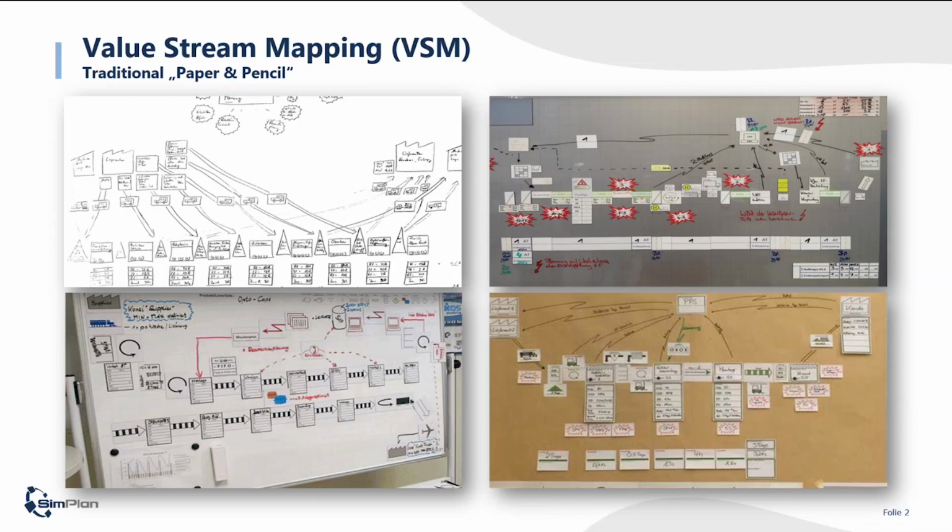The idea is to have a simple way to describe a shop floor and its mechanics, how material is flowing, but also based on what order and what information material is flowing.